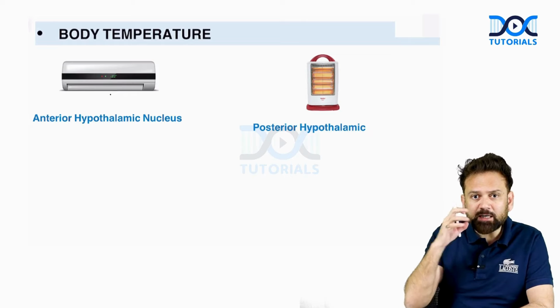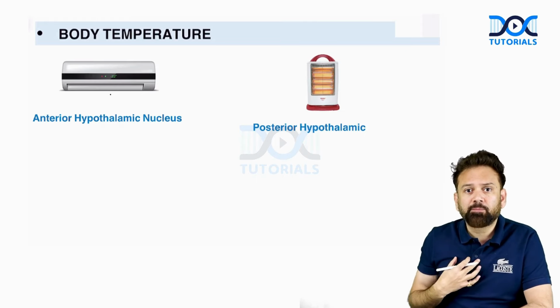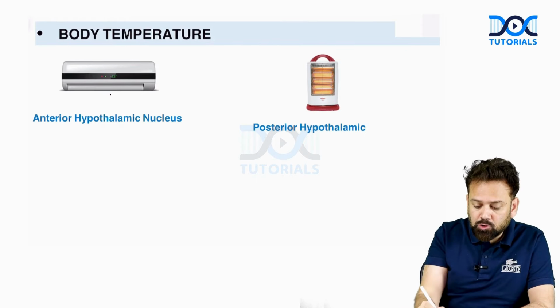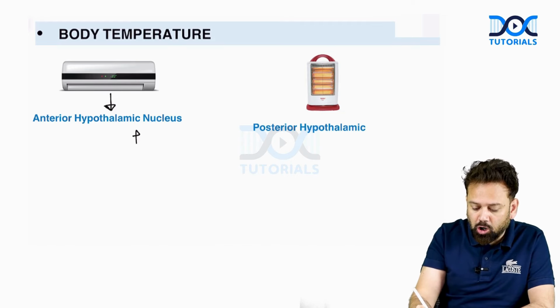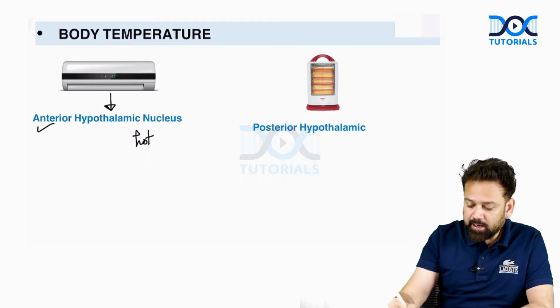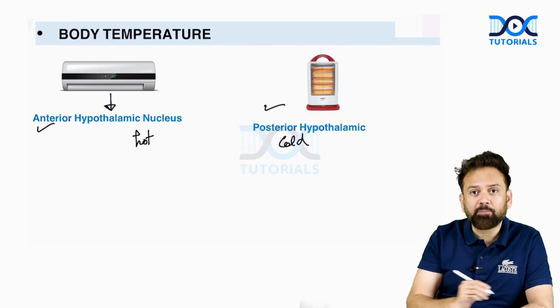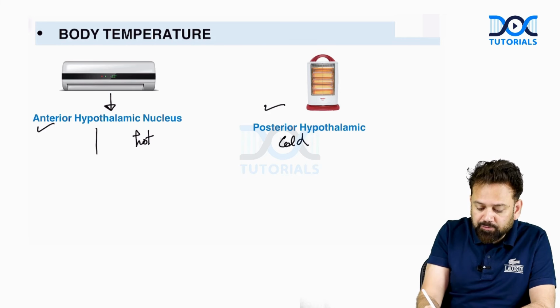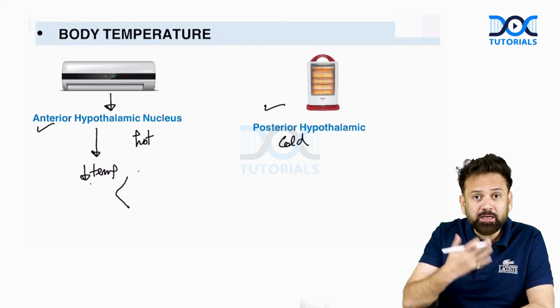Now, body temperature. We are homeothermic. Our temperature remains constant. So who is behaving like an air conditioner? When there is a hot climate, we need the anterior nucleus. And when there is a cold climate, we need the posterior hypothalamic nucleus. The anterior nucleus decreases the temperature. How do we decrease the temperature?